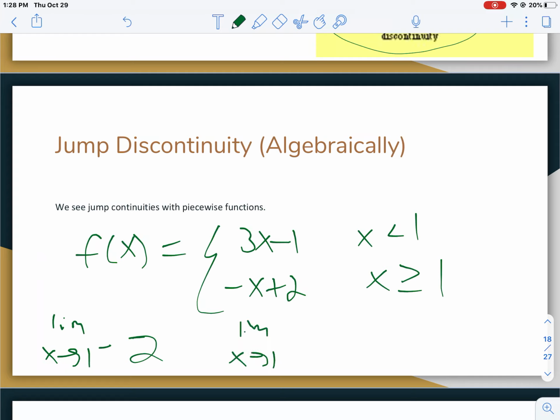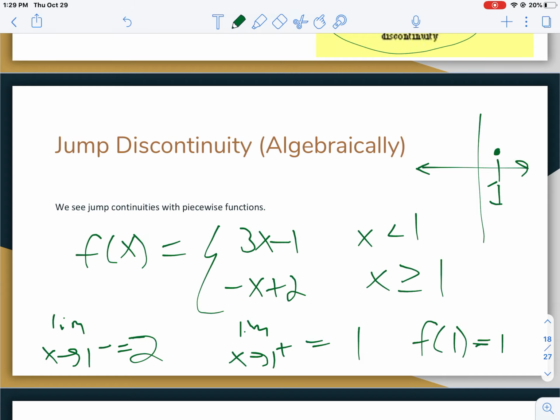The limit as x approaches 1 from the right is 1. So on a graph, at 1, f of 1 also equals 1.